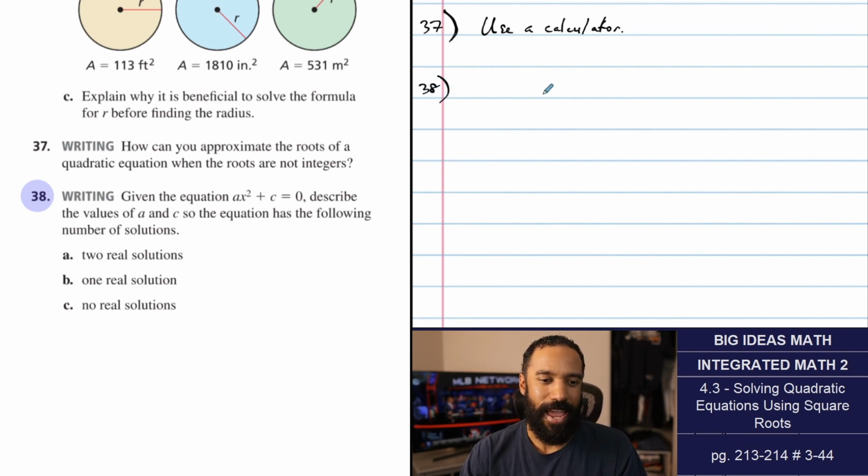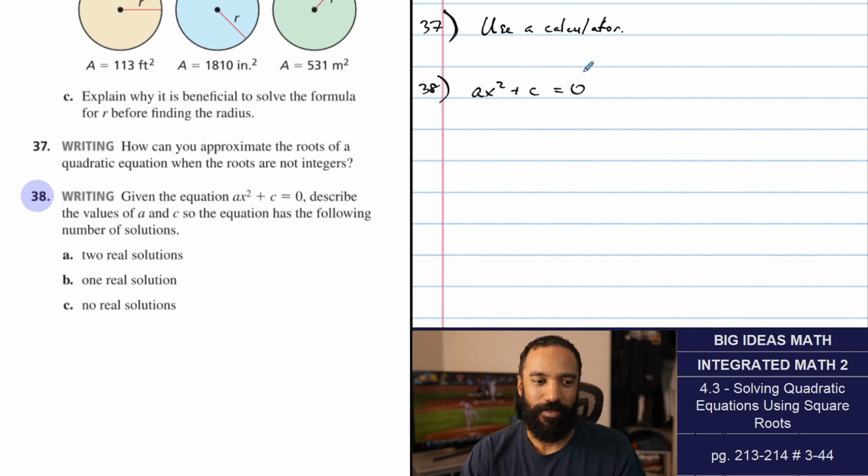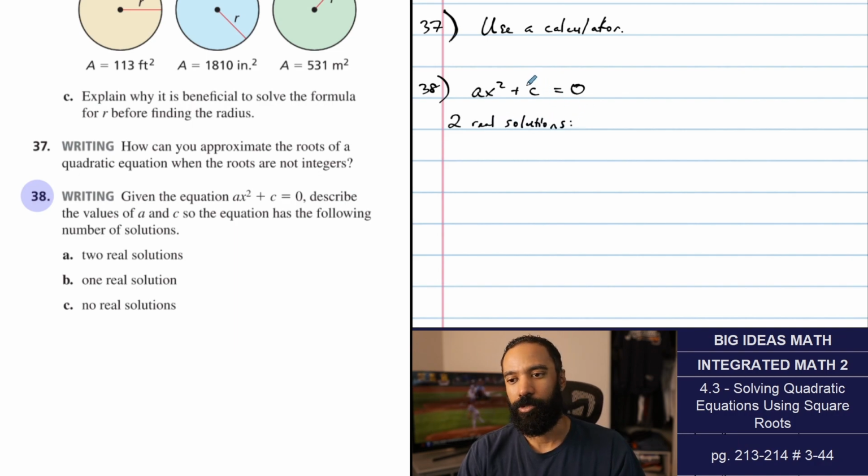Number 38. Given the equation ax squared plus c equals 0, describe the values of a and c so the equation has the following number of solutions. 2 real solutions, 1 real solution, no real solutions. Okay. For 2 real solutions, if I subtract c over, that would make c negative.